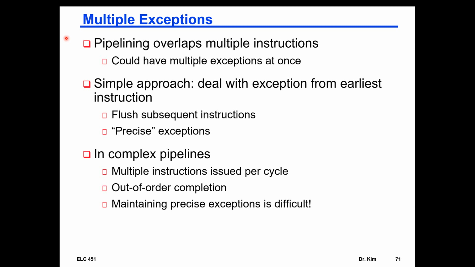If you can visualize multiple pipelines in parallel and exceptions that overlap multiple instructions, they could generate multiple exceptions at once. So a simple approach is to deal with the exception from the earliest instruction and then flush everything else. We call that approach and phenomenon precise exceptions.